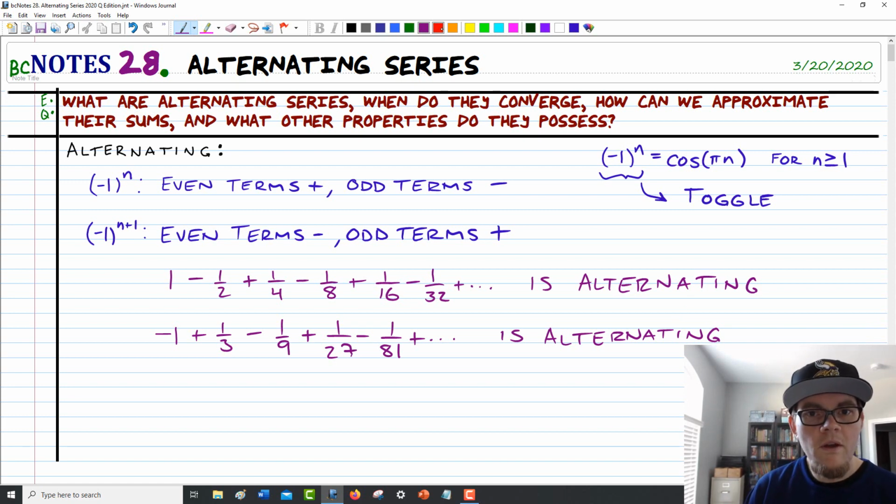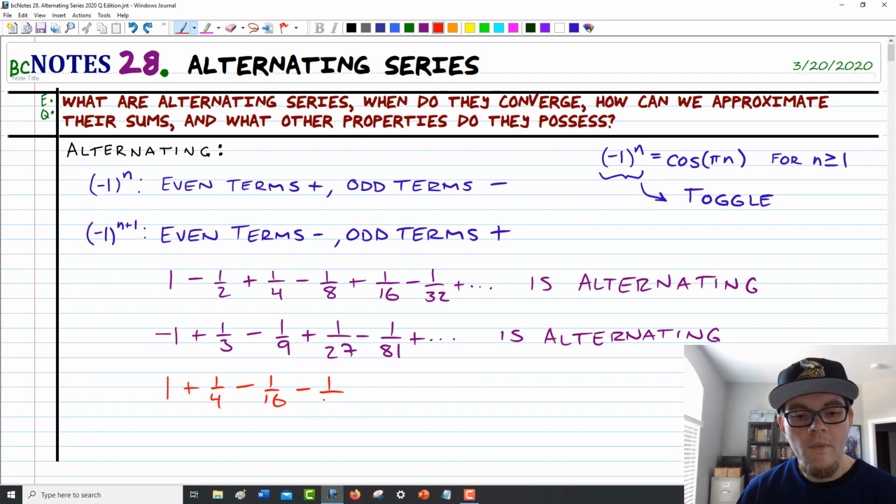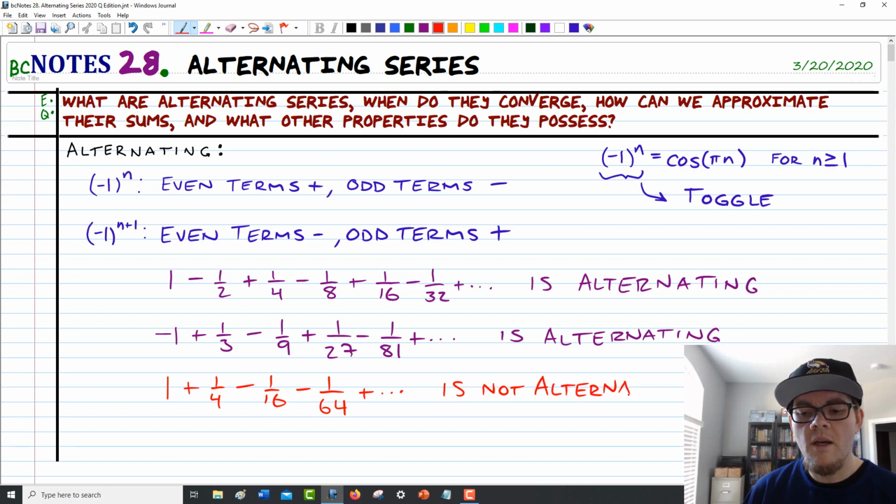Now, having said both of those, just as a reminder, if you have one, oops, sorry, this should have been 64. So if this was the series you were looking at, and this is a series, by the way, that you could almost consider a challenge to try to determine a formula for, this one is not alternating.